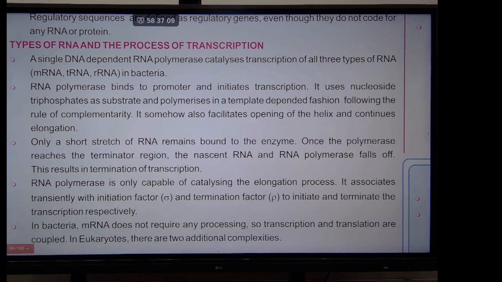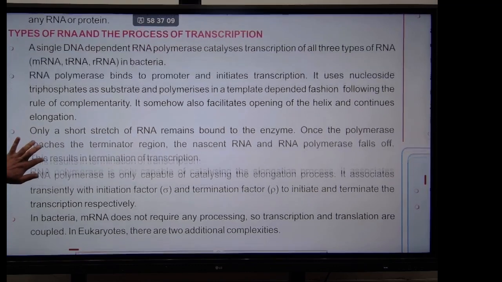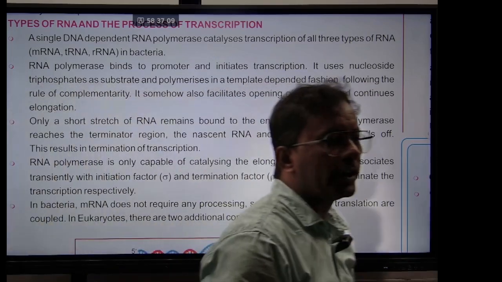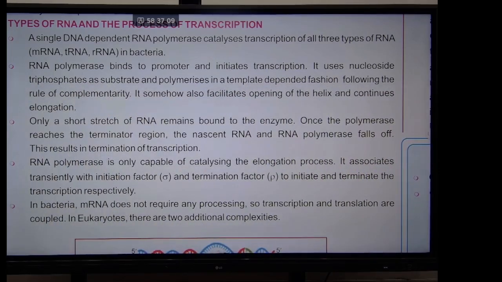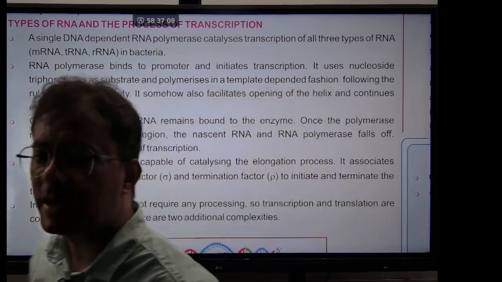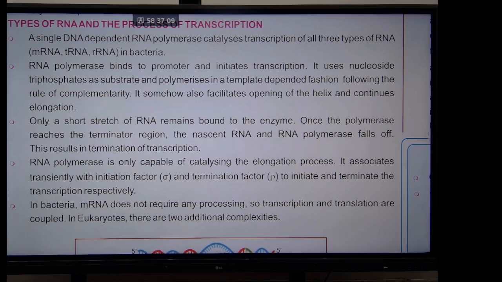Now, you see here. Only one type of enzyme called a DNA-dependent RNA polymerase catalyzes the transcription of all three types of RNA molecules, mRNA, tRNA and rRNA, in the case of bacteria. In eukaryotes, different types of polymerase are there. RNA polymerase binds to the promoter and initiates transcription. As soon as the enzyme binds to the promoter, the transcription will start.